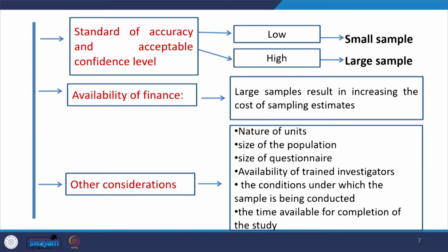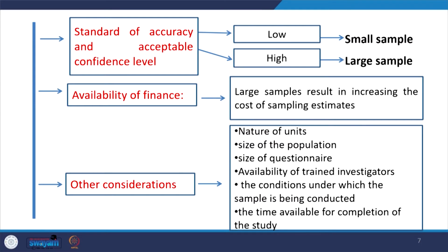Then coming to the standard of accuracy and acceptable confidence level, whether it is a high confidence level or a low confidence level. As I just said, if you target a high confidence level, then of course you are supposed to take a large sample size as against the low one.